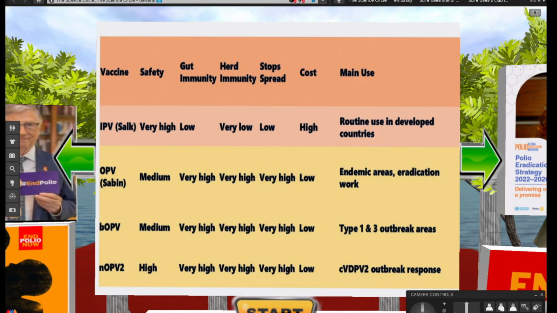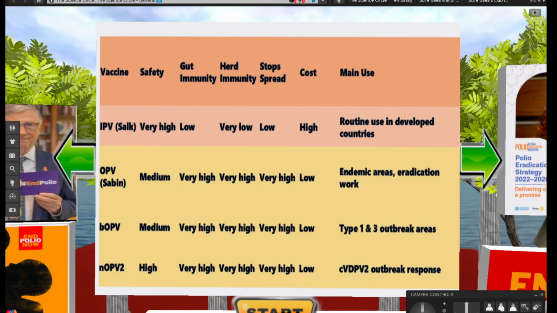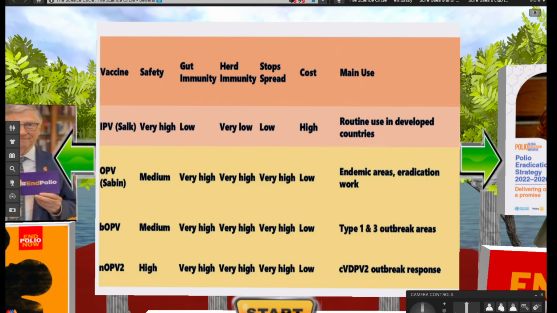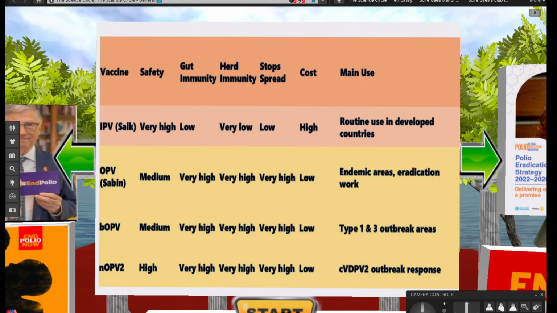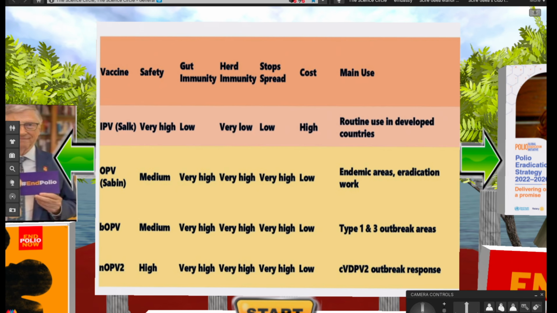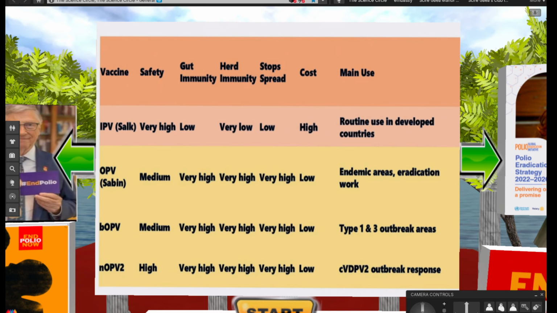For this reason, OPV is no longer used in many high-income countries, but it remains essential where rapid interruption of transmission is needed. Newer formulations, such as bOPV targeting types 1 and 3 and the genetically stabilized nOPV2, aim to reduce risks while maintaining strong immunity.